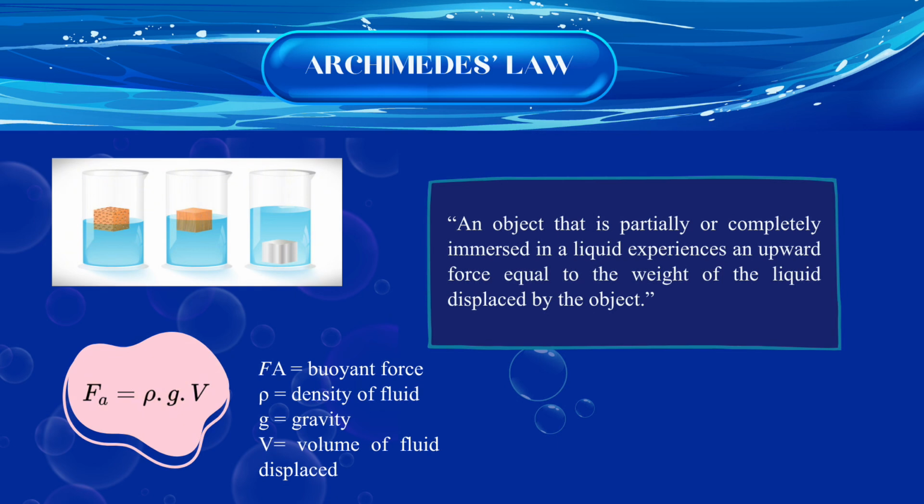So, the bigger the submerged volume and the denser the fluid, the greater the buoyant force acting on the object. It's a simple concept, but incredibly powerful in its applications.